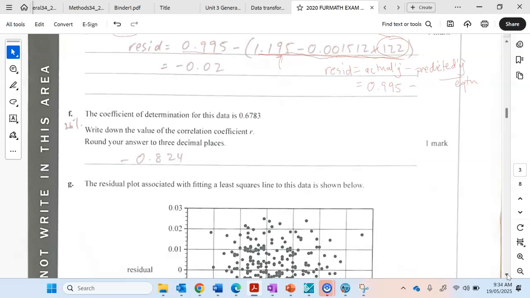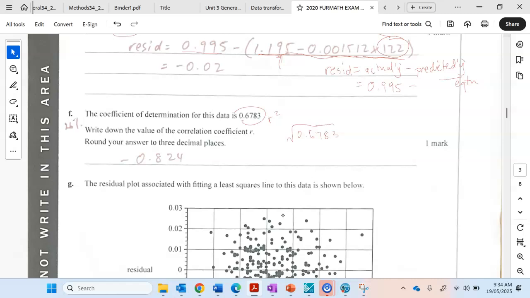And it wasn't done well by you guys either, because you got the 0.824, but remember, you've got to decide whether it's positive or negative. So coefficient of determination, that's our r squared value. So remember, your r is the square root of that. Oops, added a 0 in when I shouldn't have. Let me just get rid of that. All right, 0.6783.